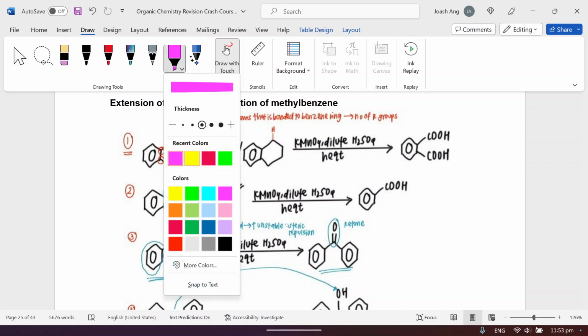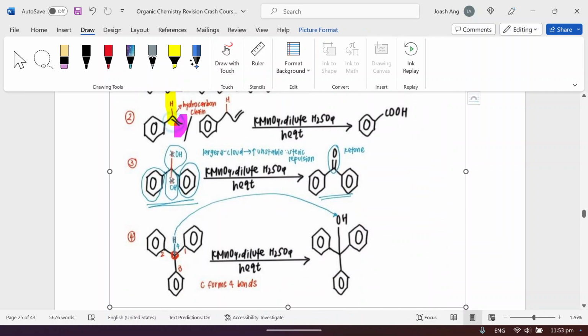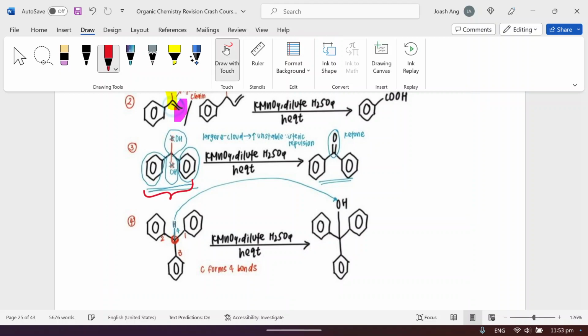I will bring your attention to the third and fourth one because they are not very common. So how you will actually do this is that you cannot tell me that you want to oxidize the molecule right here to form two benzoic acids because that would violate the law of conservation of mass.